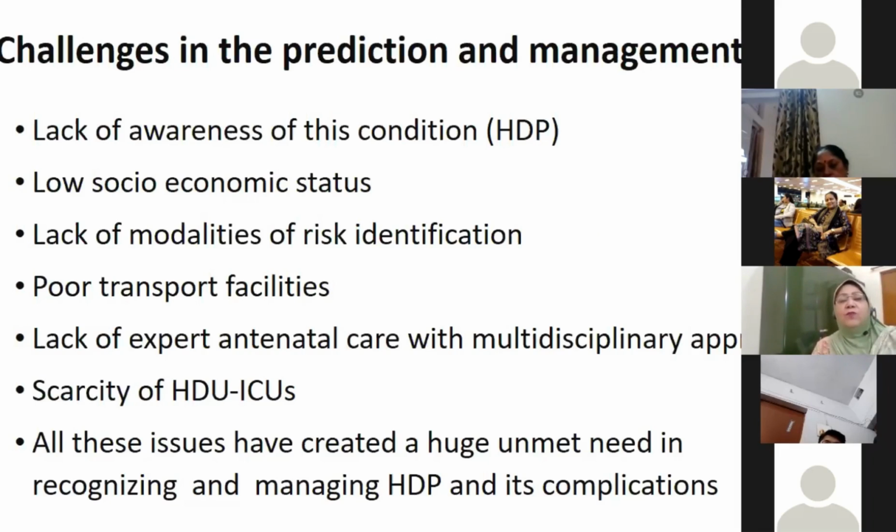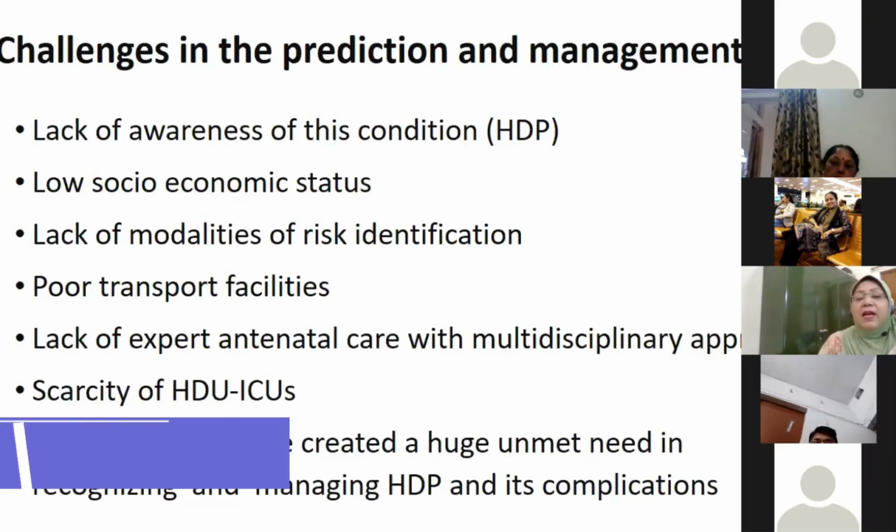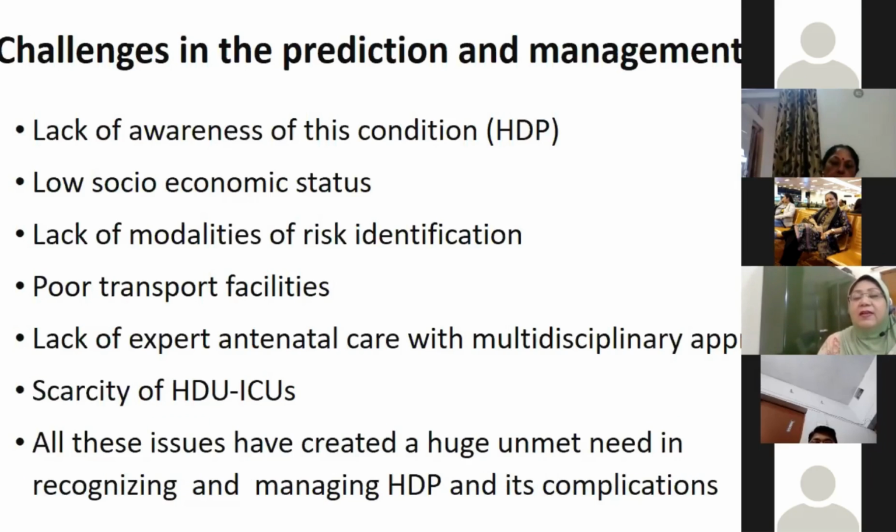There is no uniform guideline how to recognize that this particular woman will go into preeclampsia, eclampsia. Lack of expert antenatal care with a multidisciplinary approach, scarcity of HDU and ICUs. All these issues have created a huge unmet need in recognizing and managing these disorders and its complications.